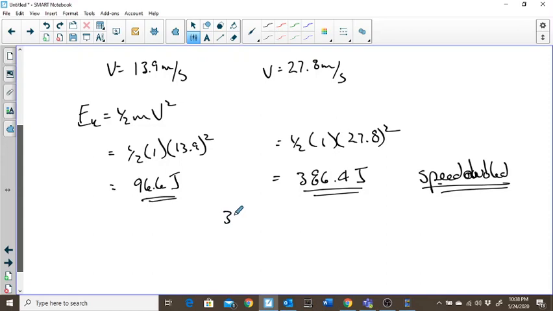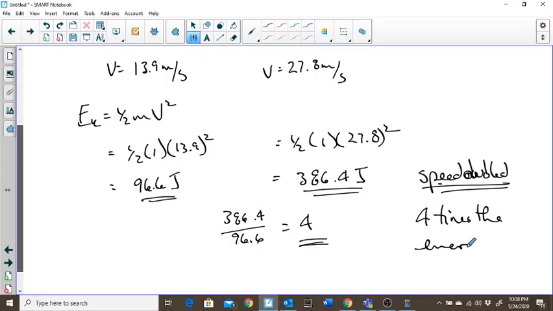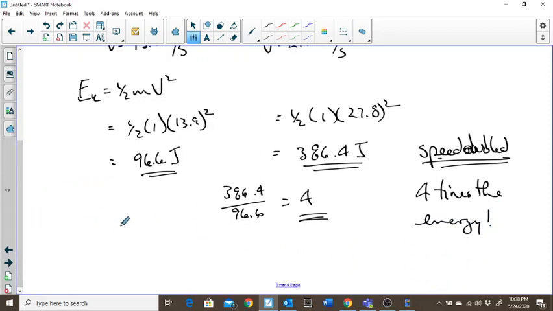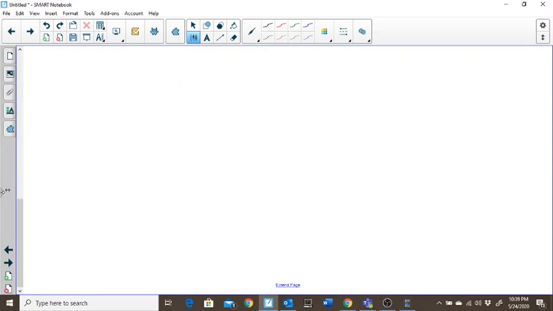If I take my 386.4 and divide that by my 96.6, that's equal to 4. Double the speed, 4 times the energy. So what does that mean? 4 times the energy.